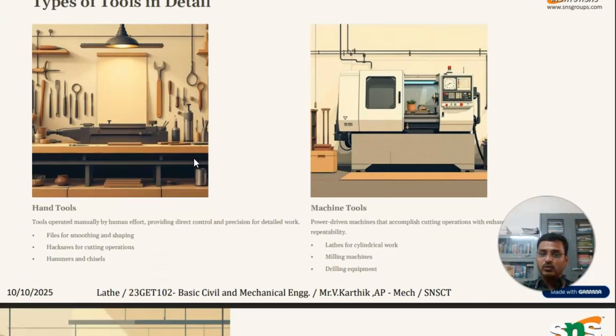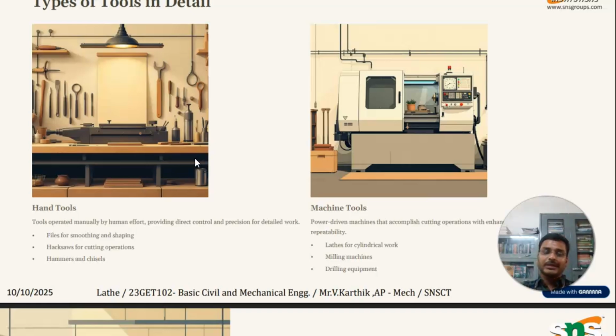Next one is the types of tool in detail. The hand tools are the tools operated manually by human effort. Almost all of us know the olden techniques like files for smoothing and shaping, hacksaw blade for cutting operations, and hammers and chisels to remove the scrap or some additional materials in the finished product.